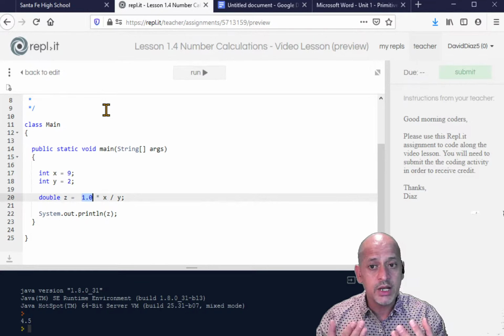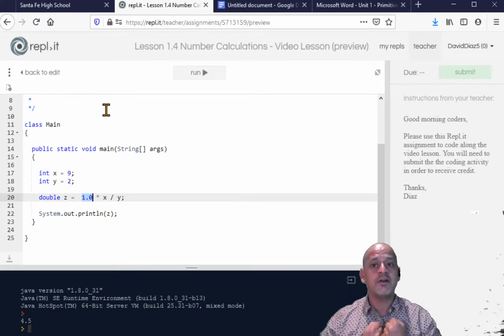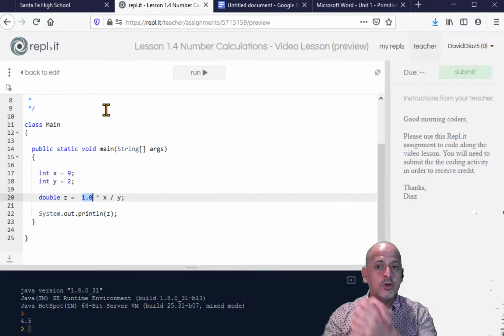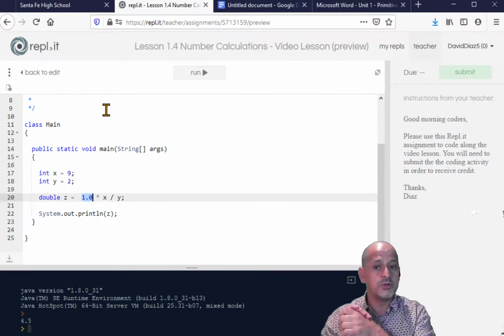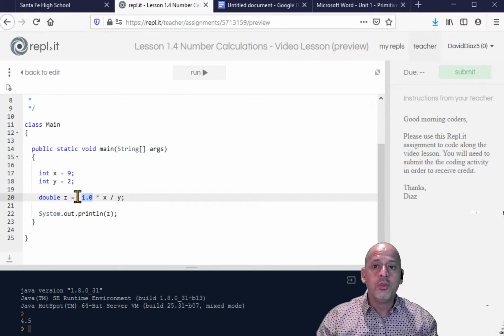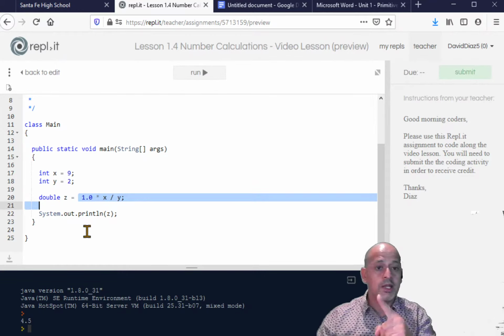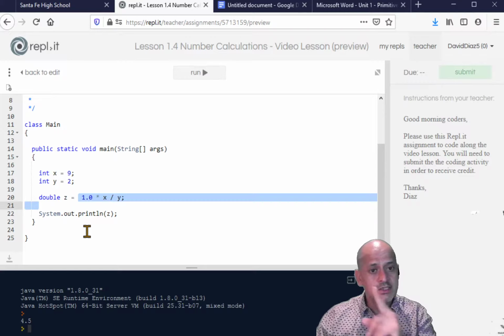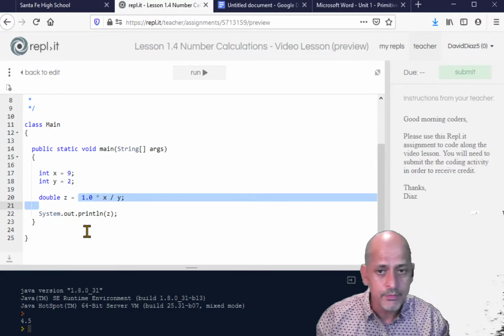But because Java calculated that first and thought that it was an integer, the decimal got chopped off, and even though you place it in a double, it's going to be 4.0. In order to avoid that problem, you have to do this operation first, 1.0 times, because that is going to calculate this part first, right? Multiplication before division, or just order of operations. Please excuse my dear Aunt Sally.